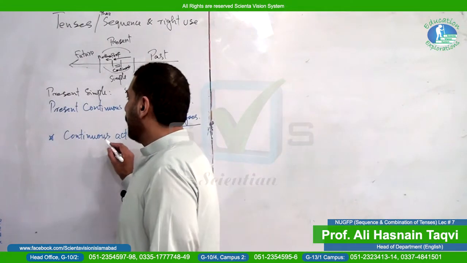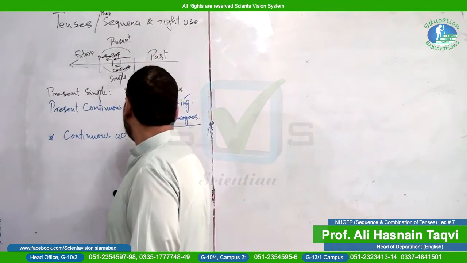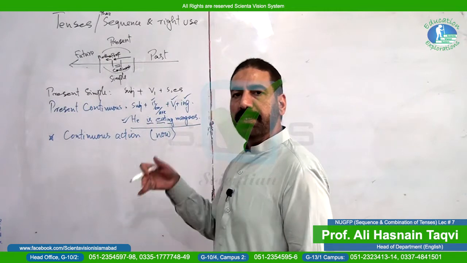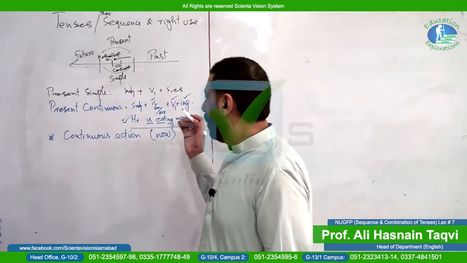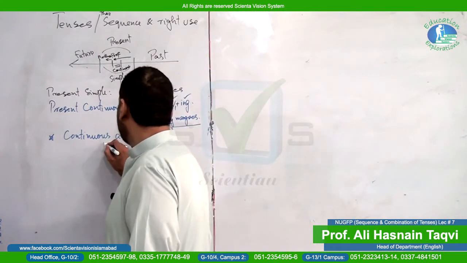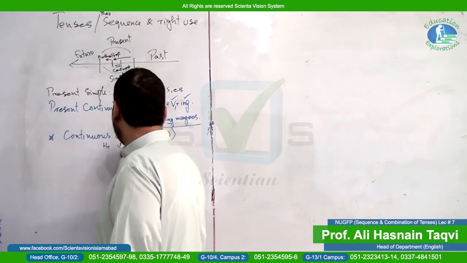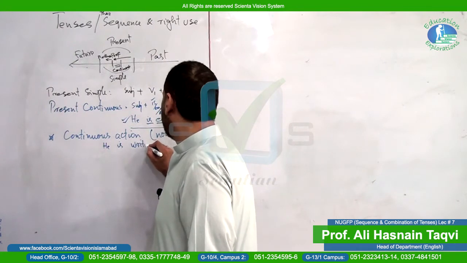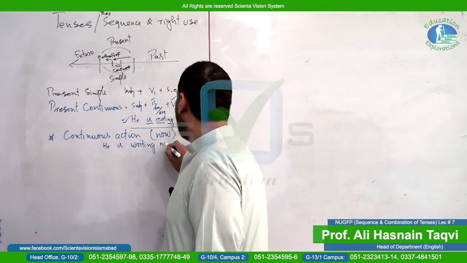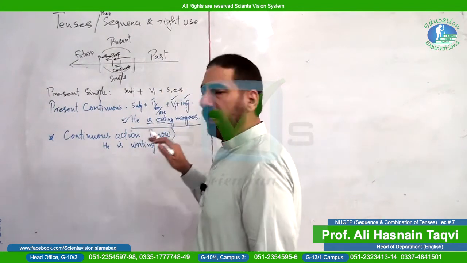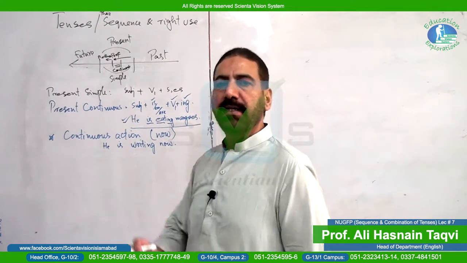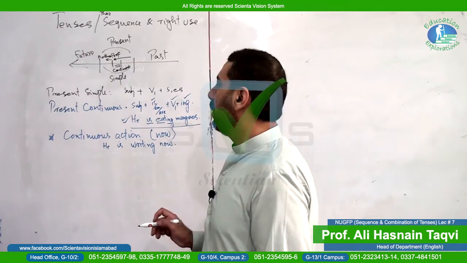So I would say, even this sentence serves here, he is eating mangoes, means at that time he is busy doing that. We may write another sentence here. He is writing now. So at that very moment when this is being stated, the activity is going on in continuous form.